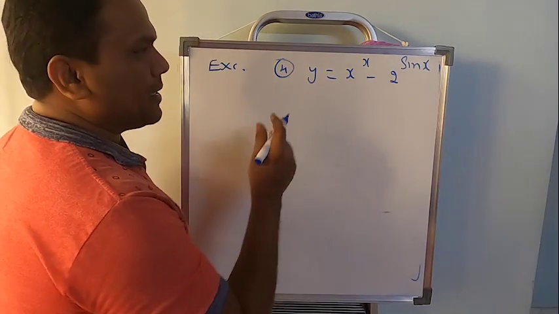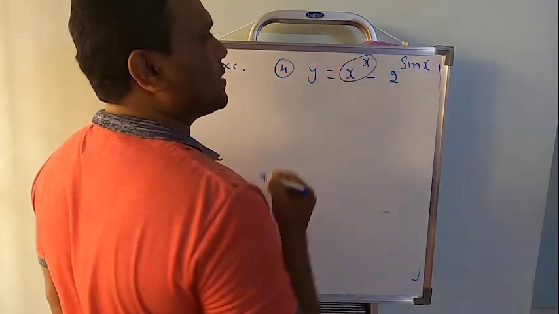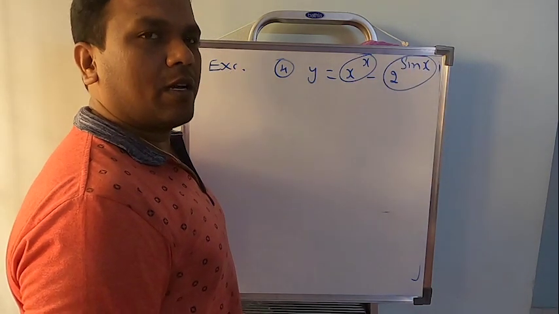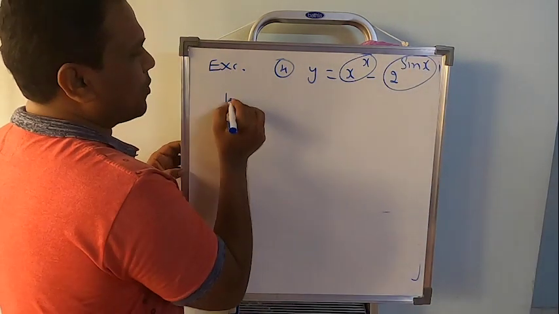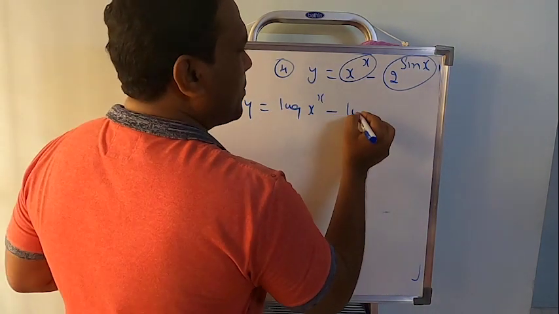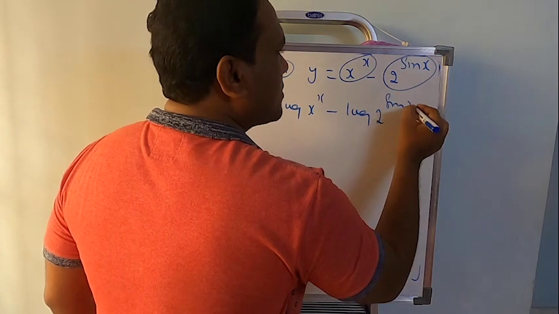Now here itself, you will be wondering, sir, it's in the form of function to the power function, so let's apply log. After applying the log, what am I going to get? Log y is equal to log of x power x minus log of 2 power sin x.